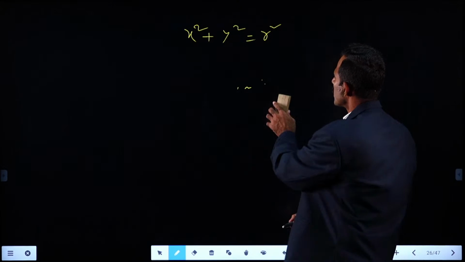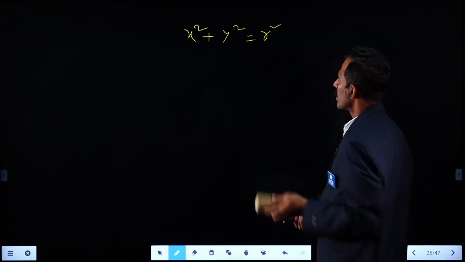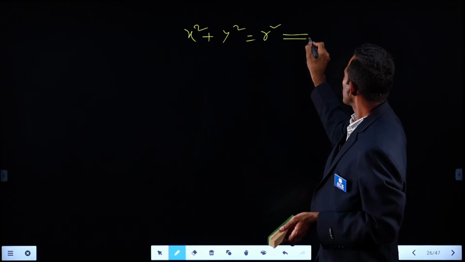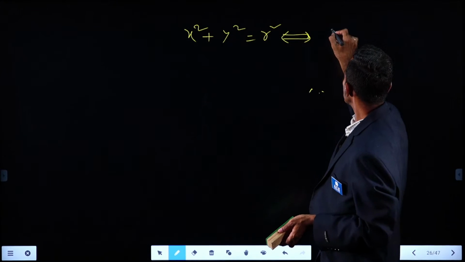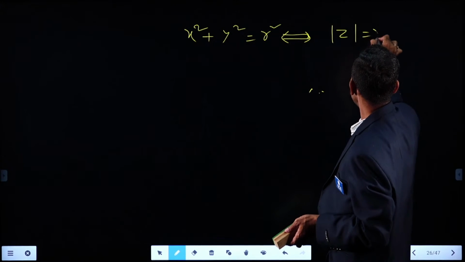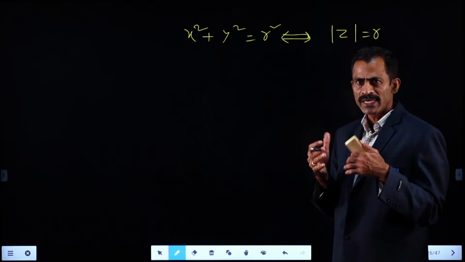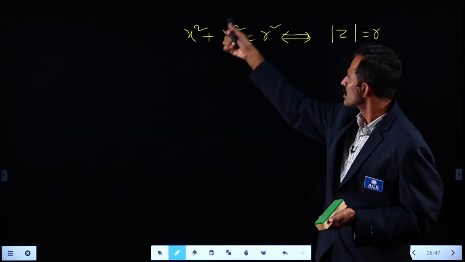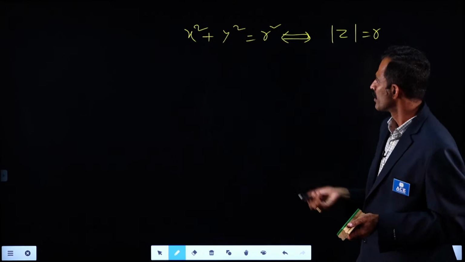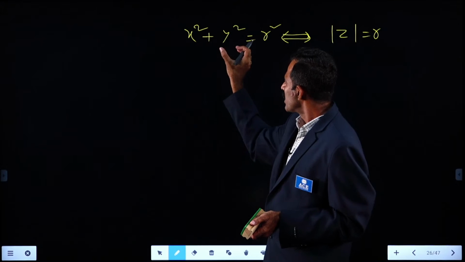The same equation of the circle can be written in terms of z notation like this: mod z equal to r. Both are equations of a circle with center at origin and radius r only. One is in terms of x and y, the other is in terms of z only.